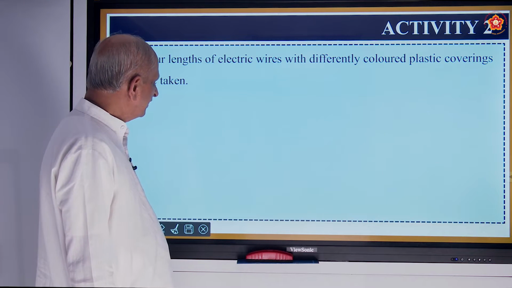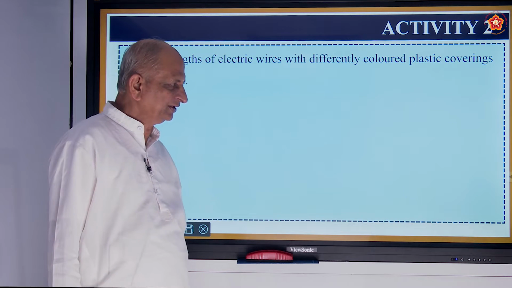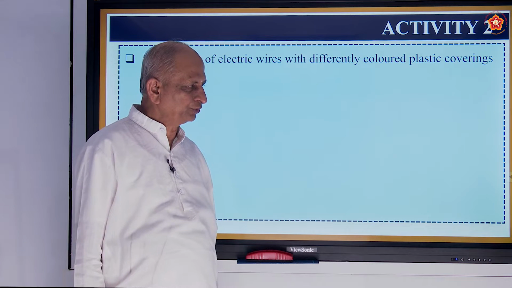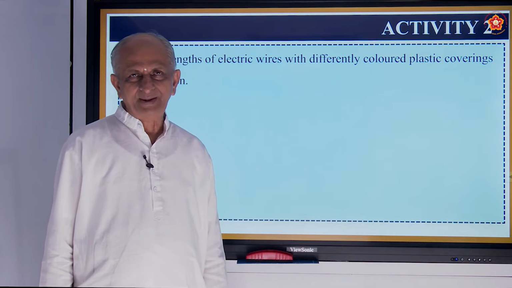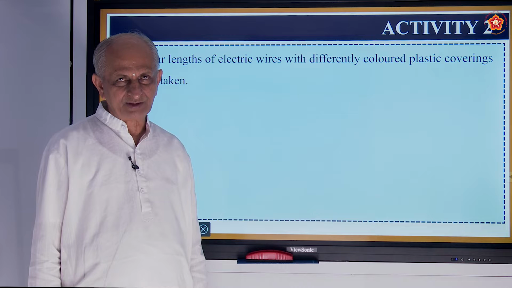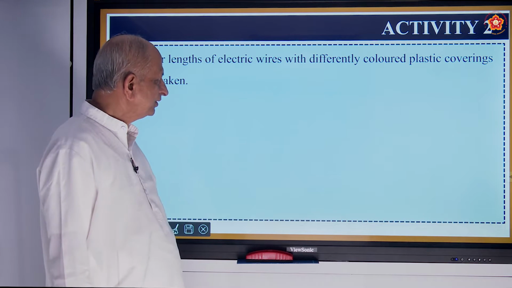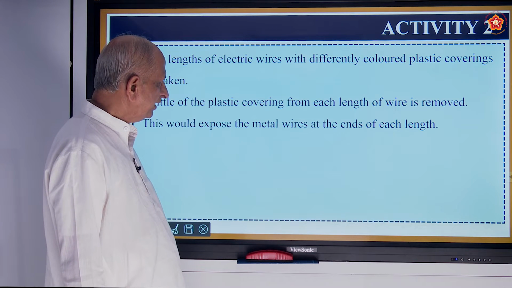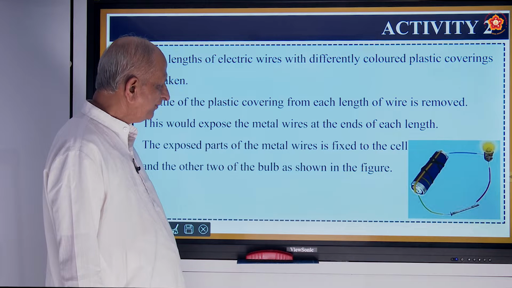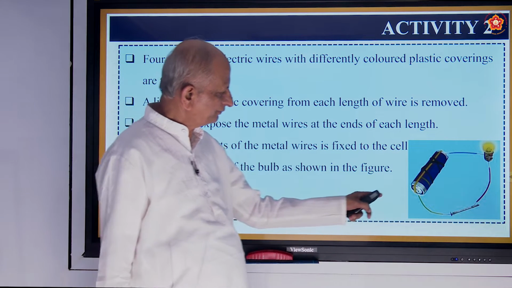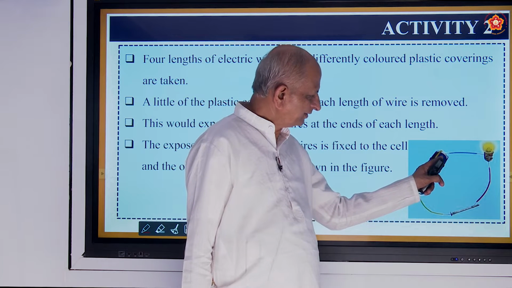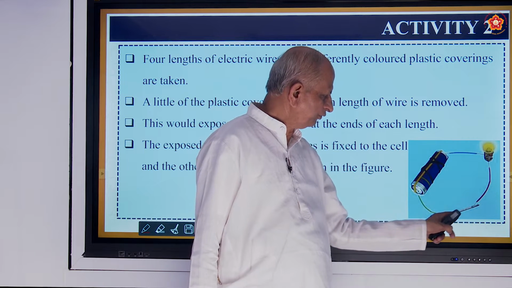One more experiment you can do, to find out whether metals are conductors of electricity or not. What you have to do is take 4 pieces of wire, one piece here, 2, 3, 4.